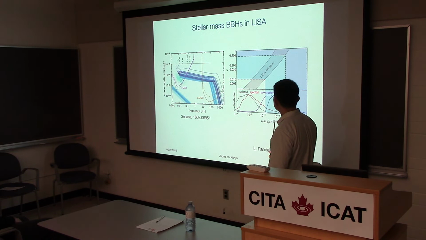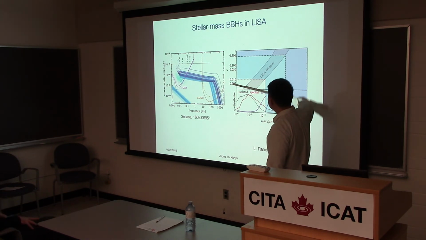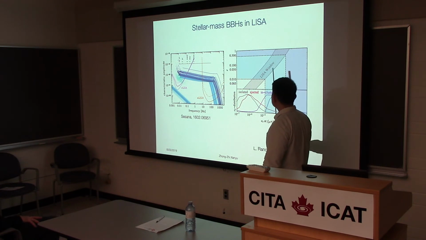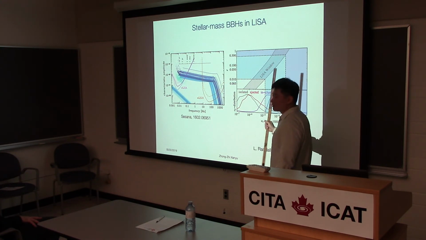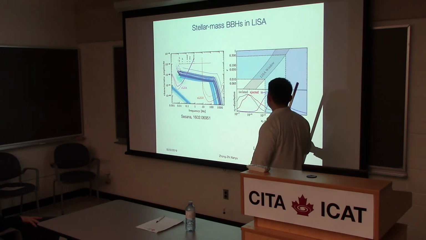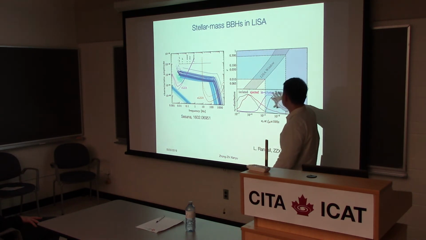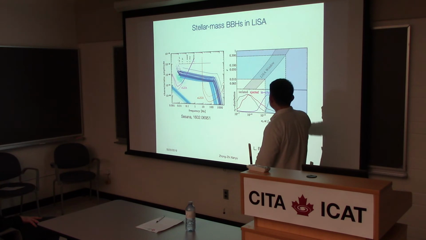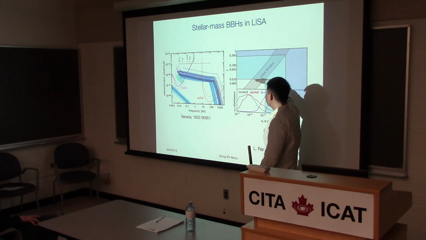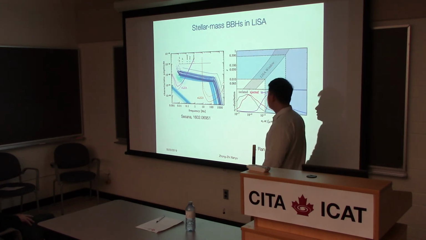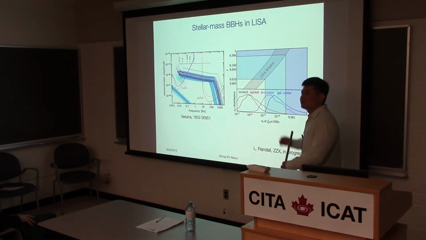But by the time they enter the LISA window, typically the e will get enhanced a lot. So if you are only sensitive to circular binaries in LISA, you can already learn a lot. For example, if everything is in this channel, then if LISA can only measure things below 0.01 in eccentricity, basically you will see nothing in LISA.